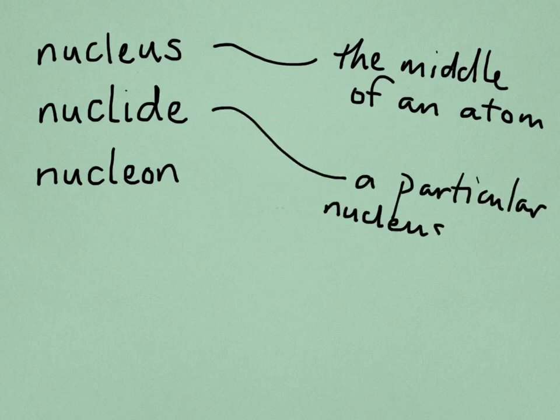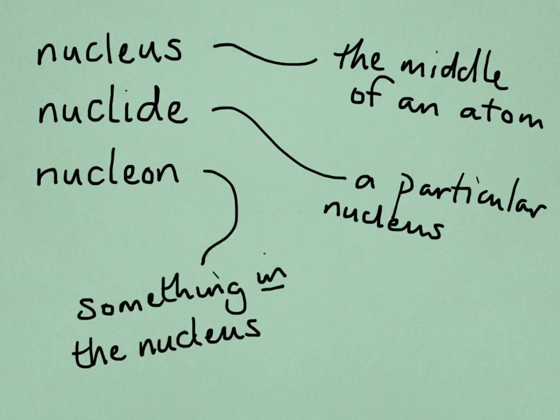A nuclide is a particular nucleus. So we might talk about the nuclide of carbon 14, and that's got a particular number of protons and a particular number of neutrons. A nucleon is something in the nucleus, and basically the only 2 things that can be in the nucleus are protons or neutrons, so it's just the general term for one of those things. Okay, one of the things in the nucleus, proton or neutron.